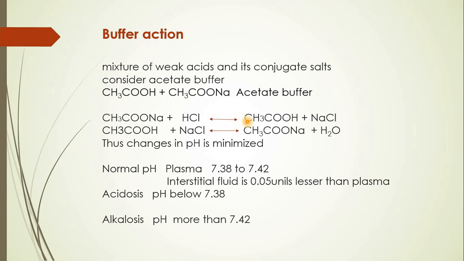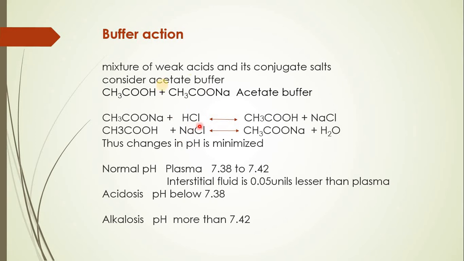In the same manner, if I try to add NaOH to my acetate buffer, then the acetic acid present in my acetate buffer will react with it, leading to formation of sodium acetate and water. As a result of this, even if I am adding an acid or an alkali, the pH of my solution remains constant, or the pH change, we can say, is minimized. Hence, such solutions which resist the change in the pH are called buffers.